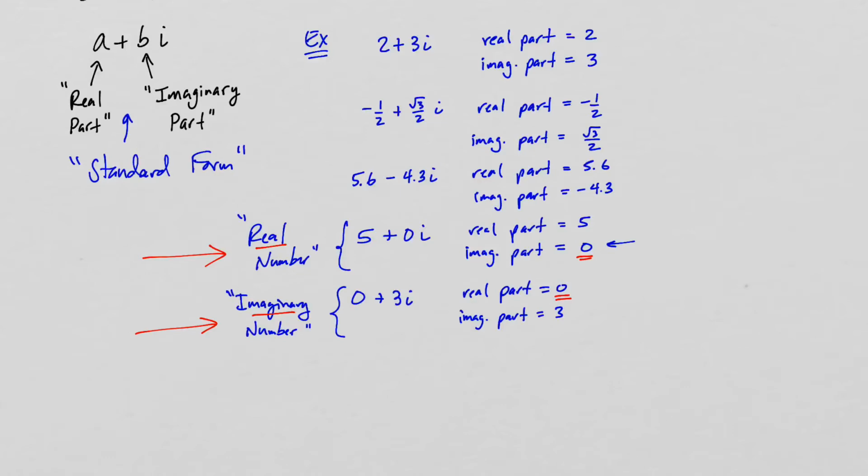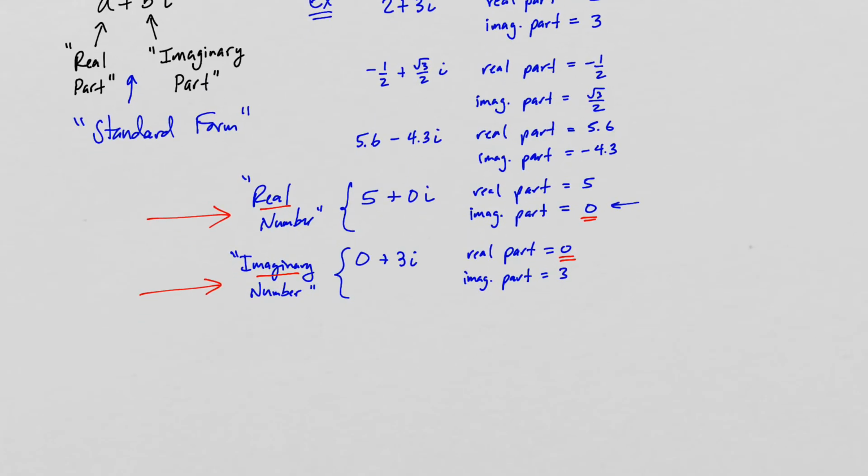So let me just recap. Negative 7i is an imaginary number. It's also a complex number.